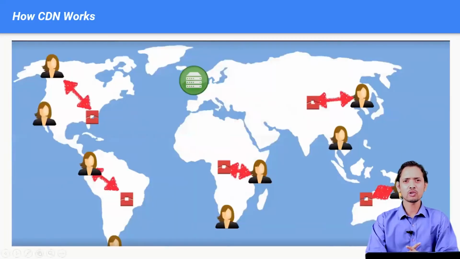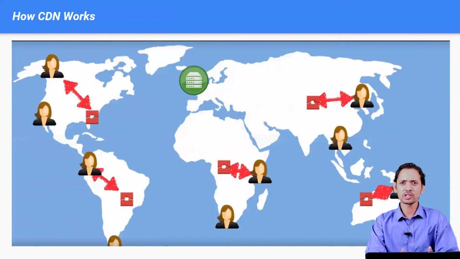So let's talk about how CDN works. If you have enabled CDN, which is called CloudFront in AWS, then every time a particular user hits your website, the DNS service routes the user request to the nearest content delivery server or nearest edge server. It will search for the content requested by the user on that particular edge server.